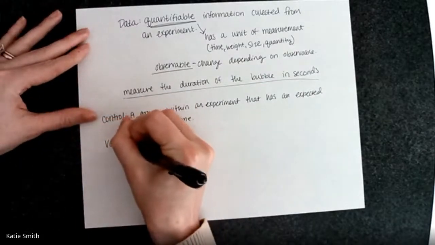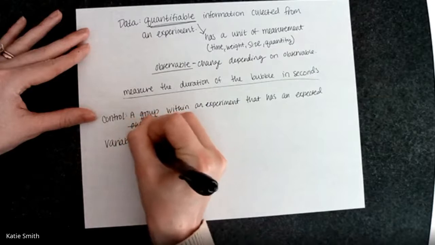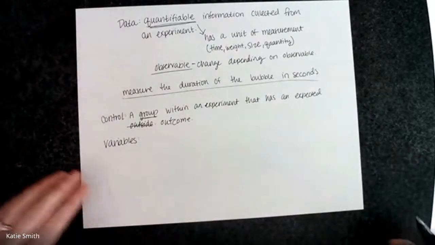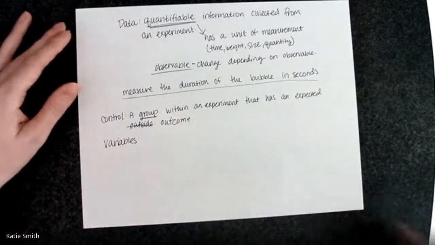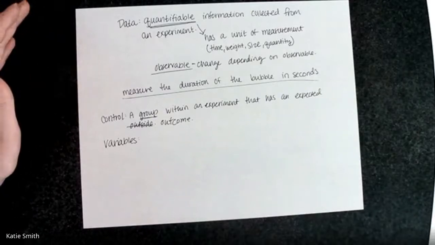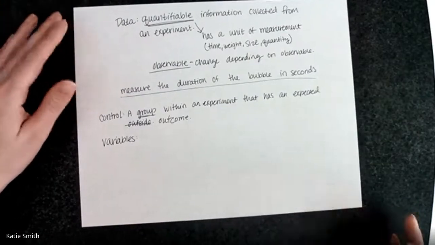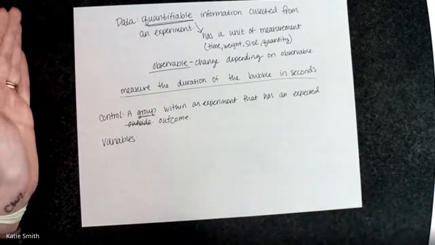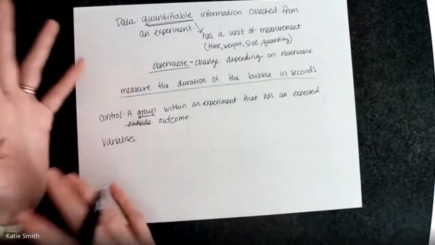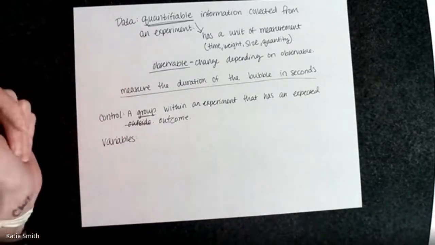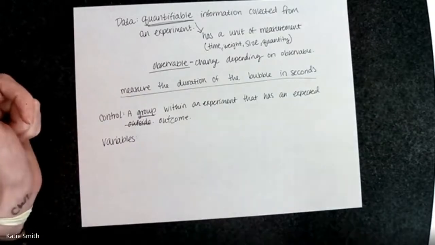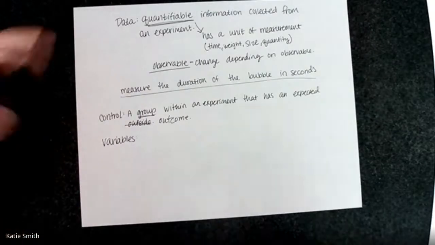Now, variables are a little bit different. Variables are the components of the data that you will collect. Variables are the components of the lab that either you manipulate yourself, or that the results depend on what you manipulate.